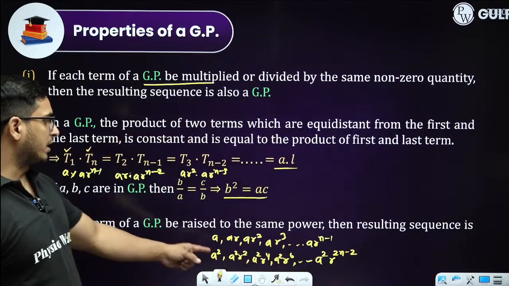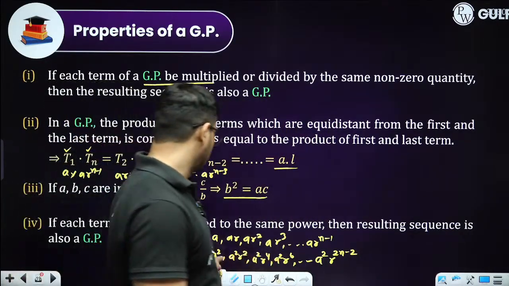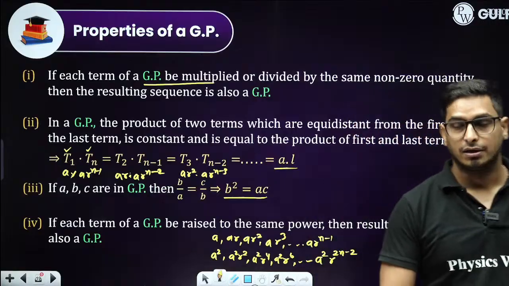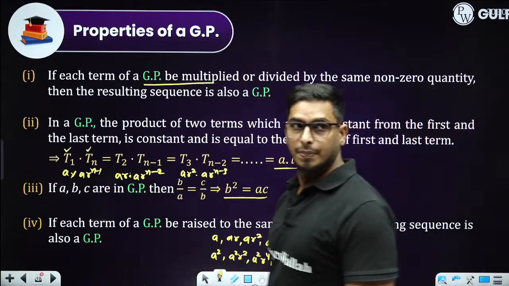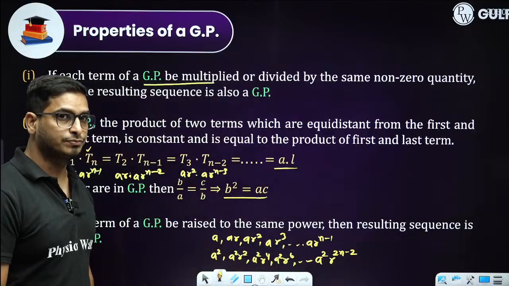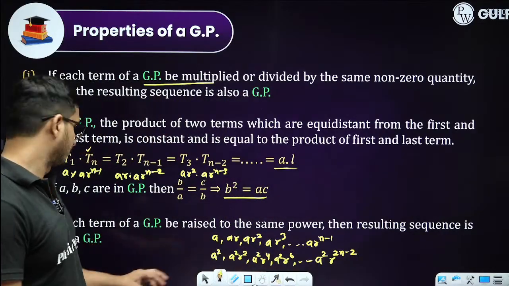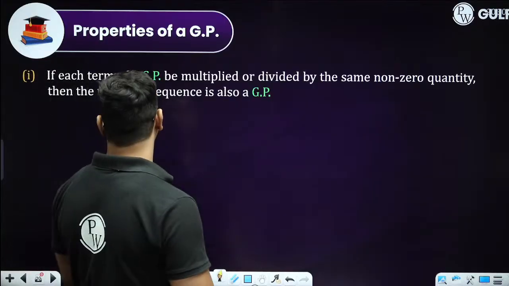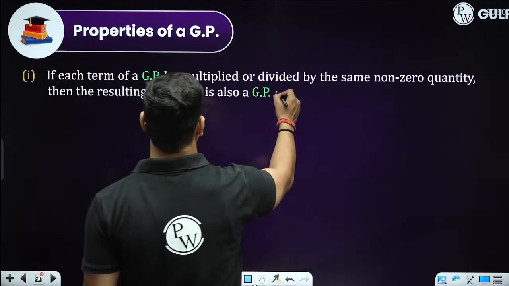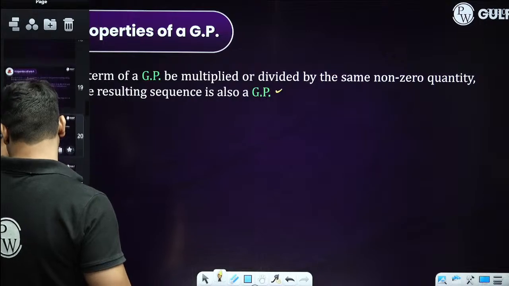Now try to find out the resulting sequence. They are also in GP, if you see. Understood? Now if a GP is multiplied or divided by the same non-zero quantity, then the resulting sequence is also in GP. We already know.